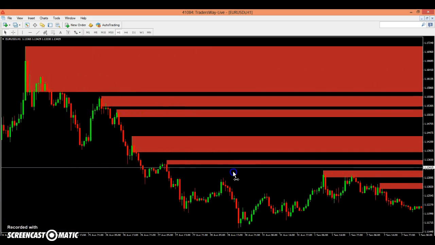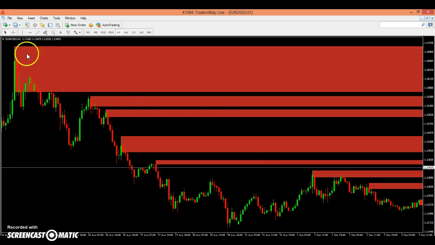I'll give you guys another quick example. Right here, weight to the top, strong push downwards, comes up. This is all fresh zones, fresh supply zones. This is a nice selling opportunity. Take your pips, get in, get out, take your profits, go on about your day.